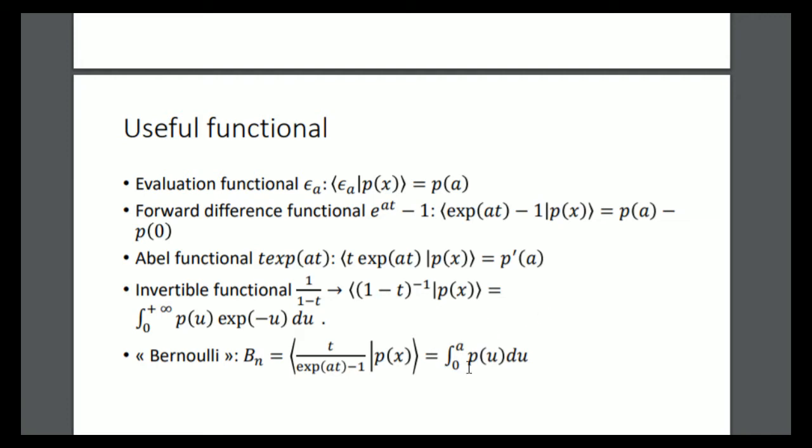So this one makes the integral from 0 to a. And in fact, you can find it back by taking the limit from a going to... what am I saying?